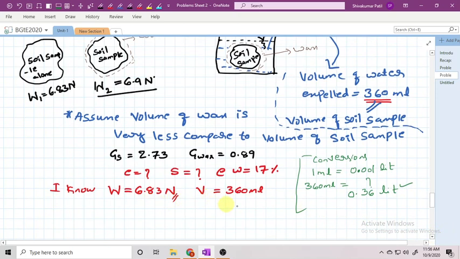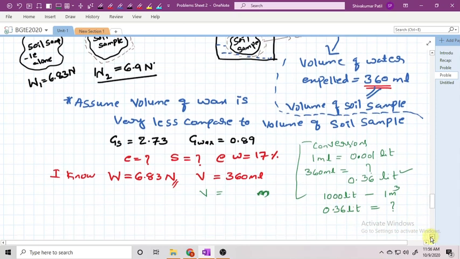Volume I want in terms of cubic meter. So again, 1000 liters is equal to 1 cubic meter. So 0.36 liters equals how many cubic meters? That means 0.36 into 1 divided by 1000.